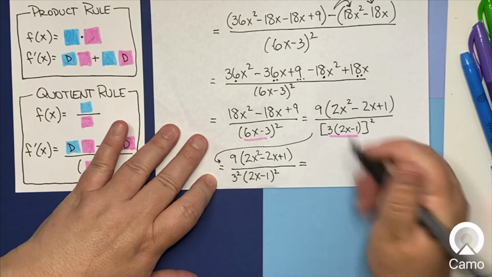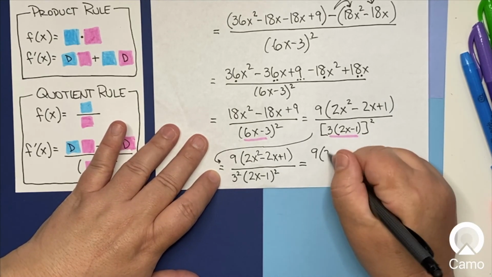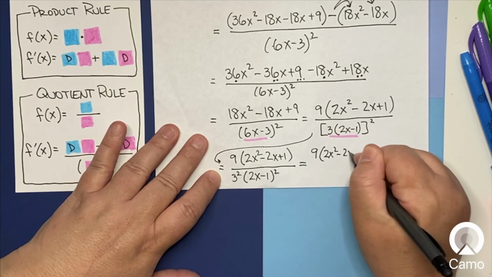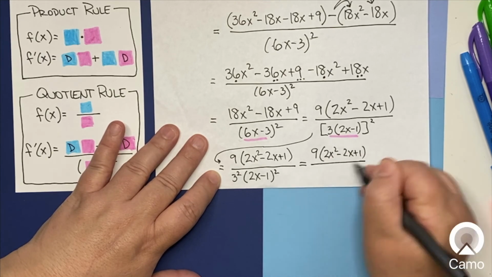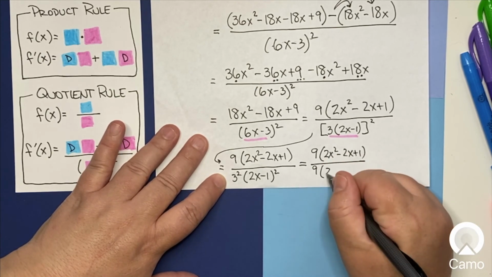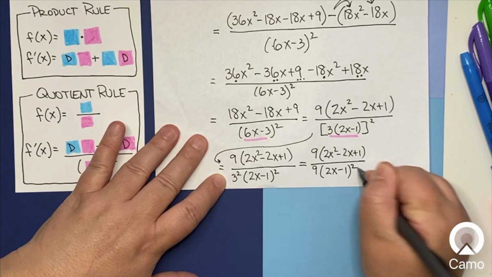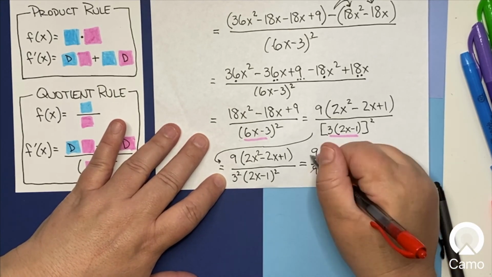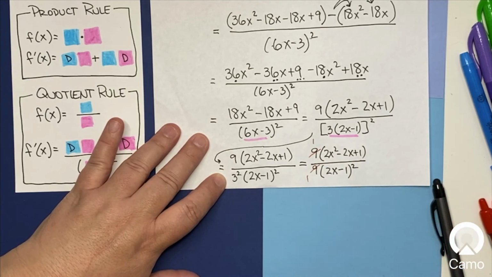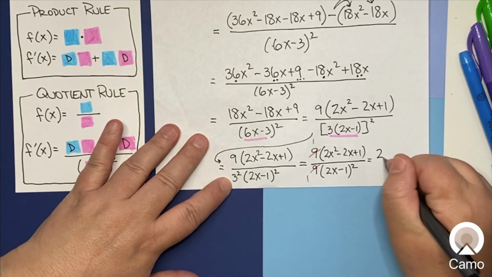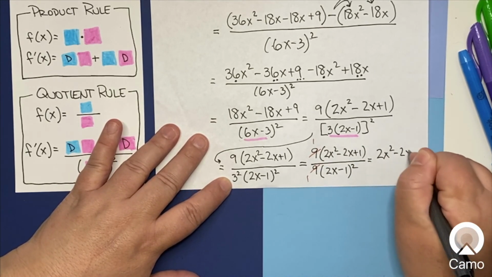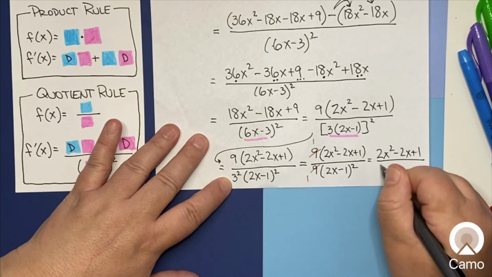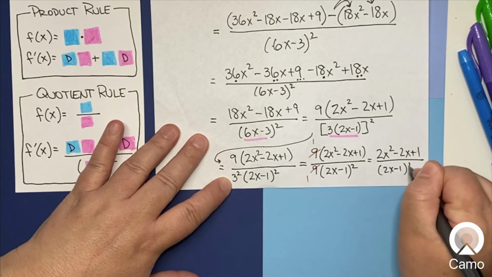And then I realize that I've got 9 times the quantity 2x squared minus 2x plus 1 all over 9, 2x minus 1, the quantity squared. And I can cancel those 9s. And I'm going to get 2x squared minus 2x plus 1 all over 2x minus 1, the quantity squared.